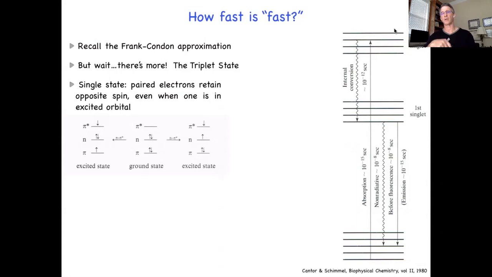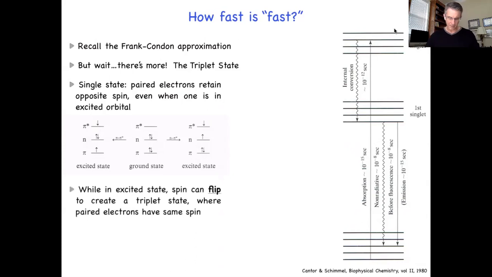That's an important property of electrons in molecular orbitals, and that's usually how things are going to stay. For normal absorption and for fluorescence, the electron that gets driven from the ground state into an excited state retains a spin that's opposite to its partner that was left behind in the ground state.